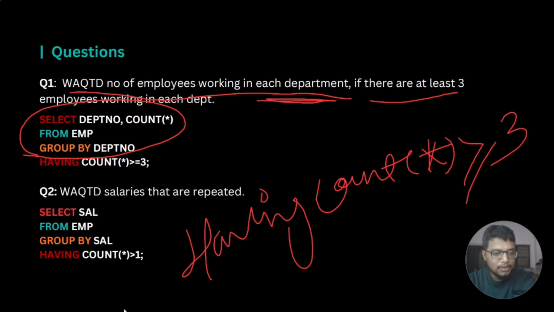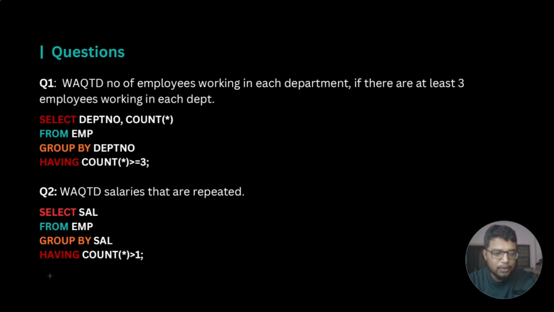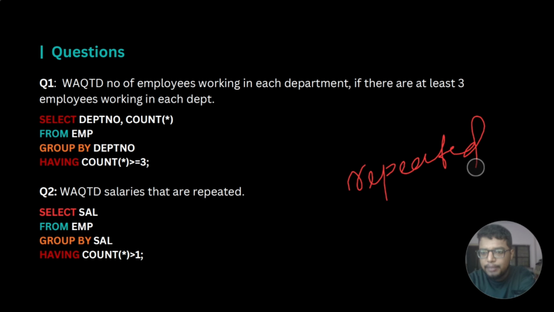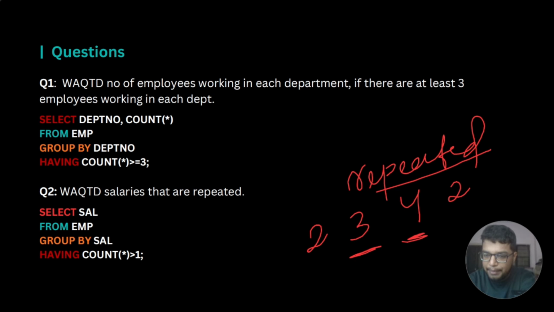Okay. Question 2. Write a query to display salaries that are repeated. Just tell me one thing: this word repeated, what does it mean? If 2 is there, 3 is there, 4 is there, 2 is there, that means 3 appears only one time, 4 appears only one time, but in the case of 2, it appears 2 times.